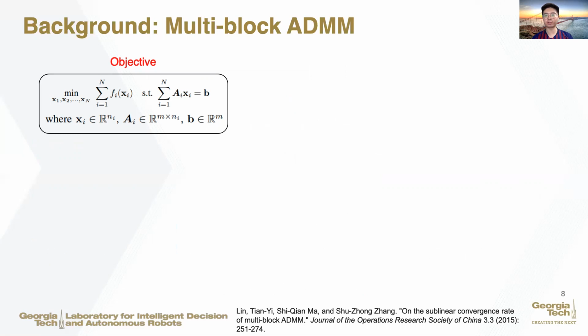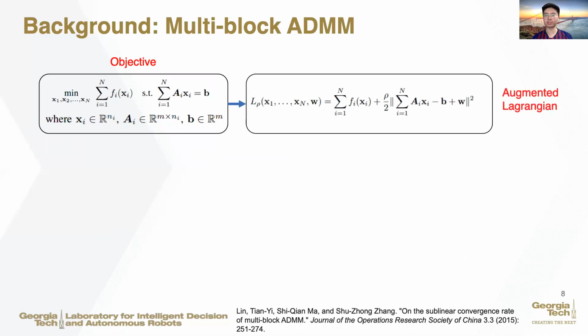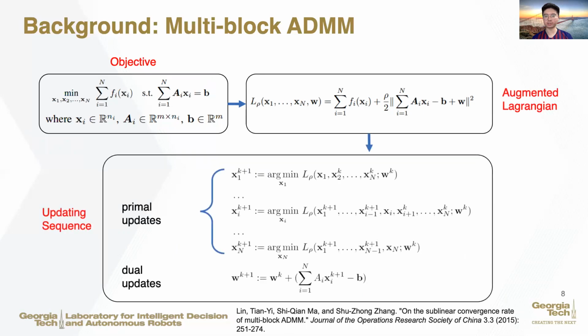Similarly, we have more sets of variables with separable objectives, and we follow the same way to construct the augmented Lagrangian. This multi-block ADMM also contains a sequential update for primal and dual variables. Although the proof of this multi-block ADMM is still an open problem, it has been successfully applied to solve numerous real-world problems such as image processing or chemical processing.